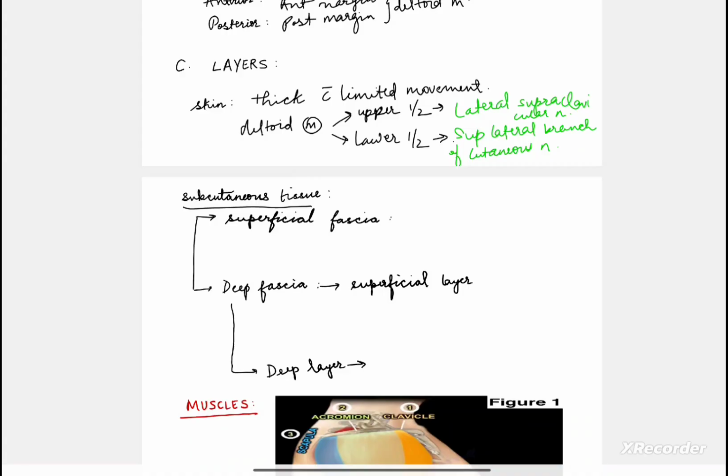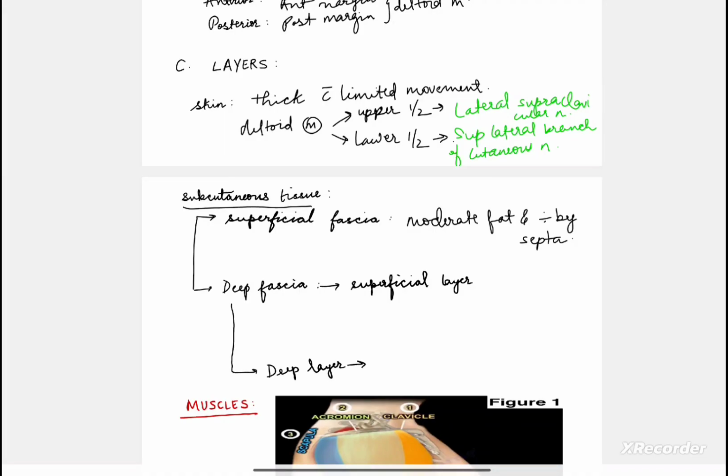In the superficial fascia, there is a moderate amount of fat divided by septa. And the deep fascia is again divided into two layers, a superficial layer and a deep layer.